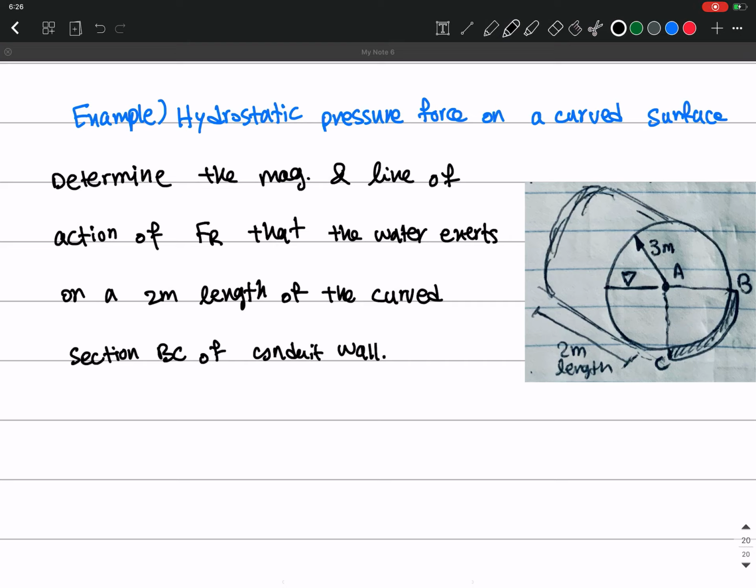So we have a wall here, and then we have some water in this channel, which is only filled with half water, and you see the free surface. So this is filled half. You see the free surface here.